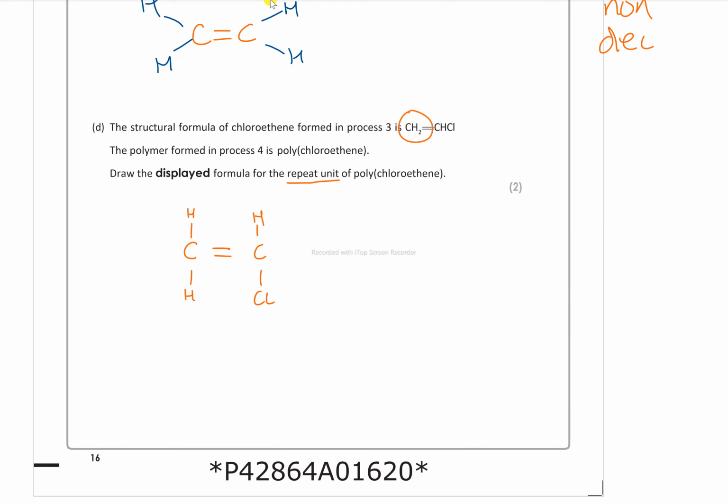Because they've asked for the repeat unit, what you do is you rub one of these out. Let's get rid of that. One of the double bonds. And then you stick a bond there and a bond there. So, do you agree? Each carbon atom has got 1, 2, 3, 4. And this carbon atom shares this, it'll be 1, 2, 3, 4.